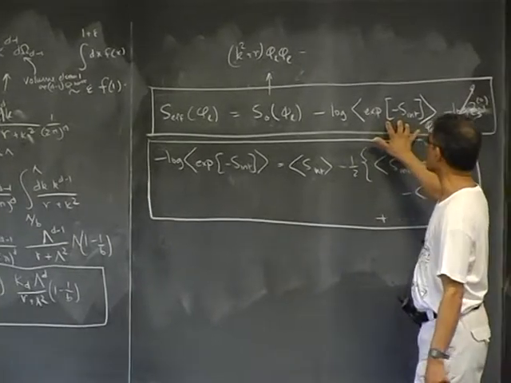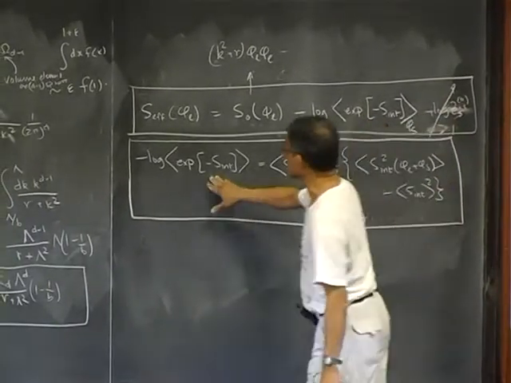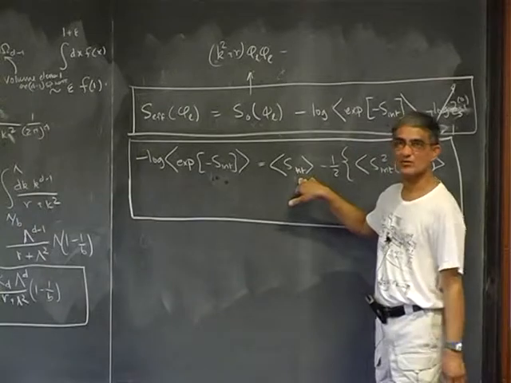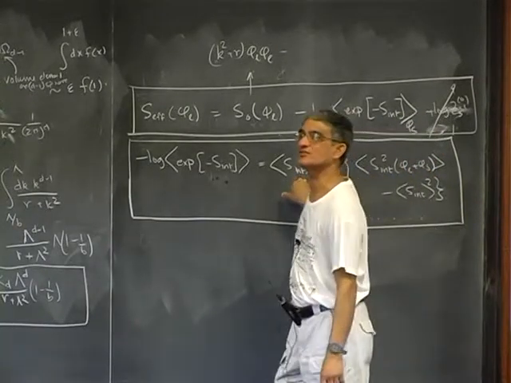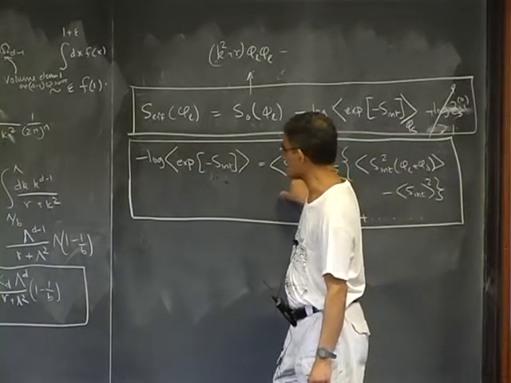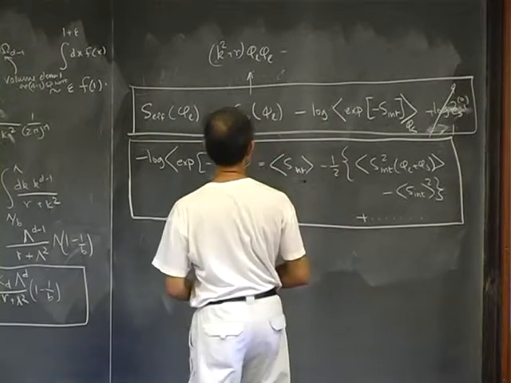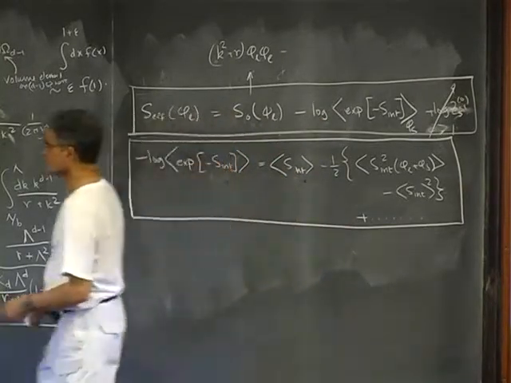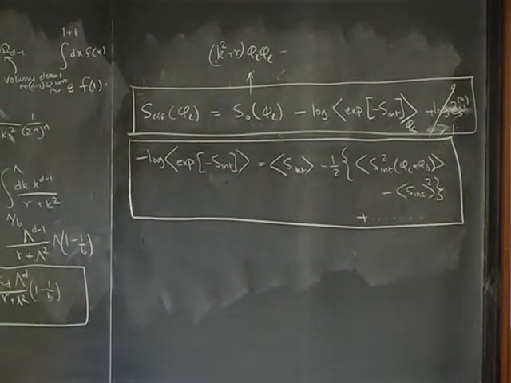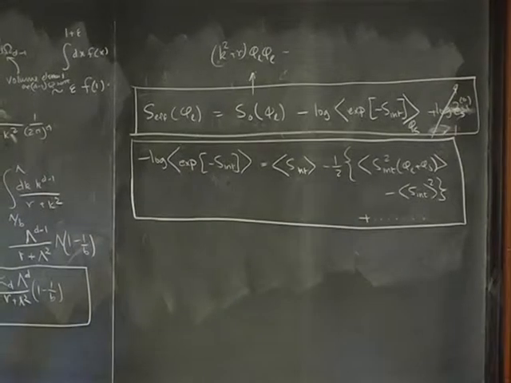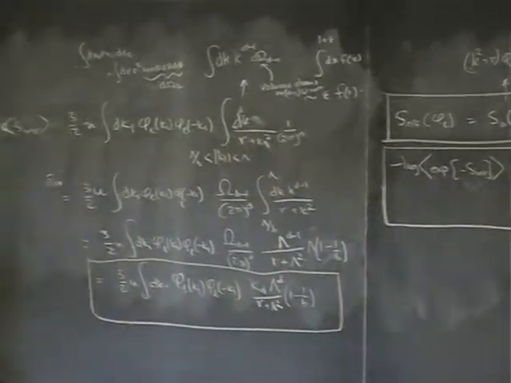The log of the exponential of this was the expectation value of S int, and we just calculated the first term in this expansion, right? So up to order u, we get an answer from there.